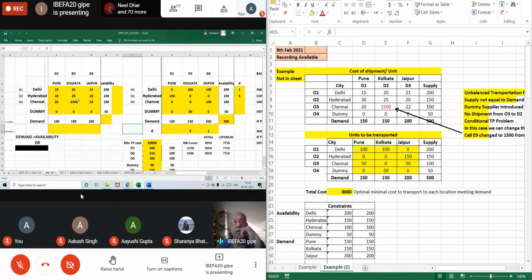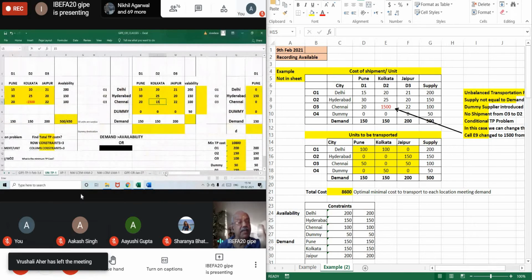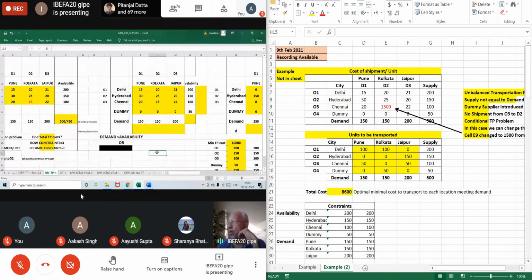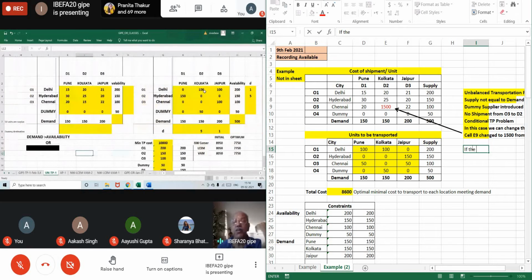What is the meaning of conditional allocation? There are restrictions given from origin to destination, and then you do the transportation problem. That is what the cases I have shown to you.